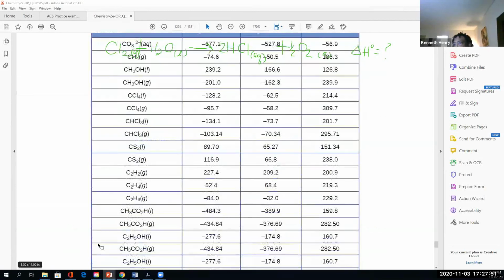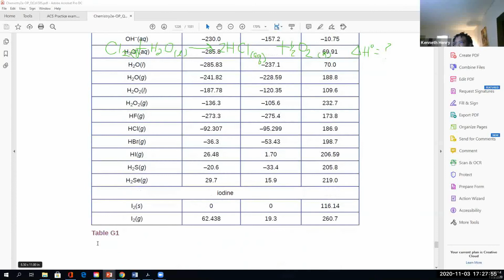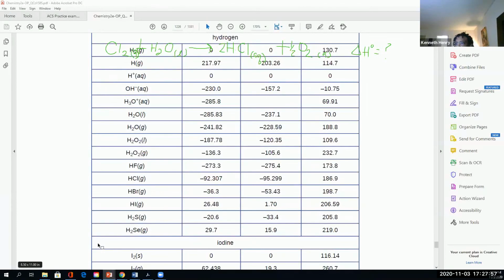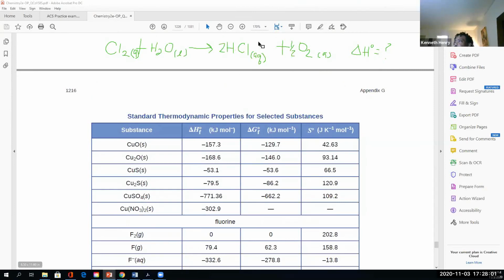H, C, C, C, H. I only have HCl, so let's do it like this then. We'll make this aqueous, we'll make it gaseous, and then we'll have to use gaseous water to make that happen.